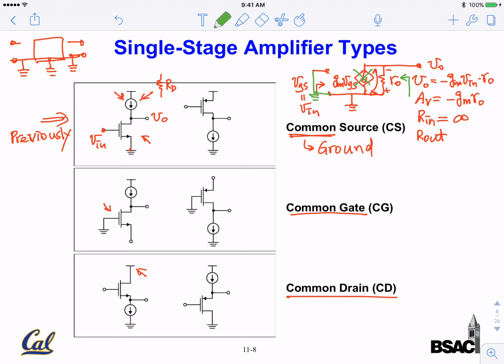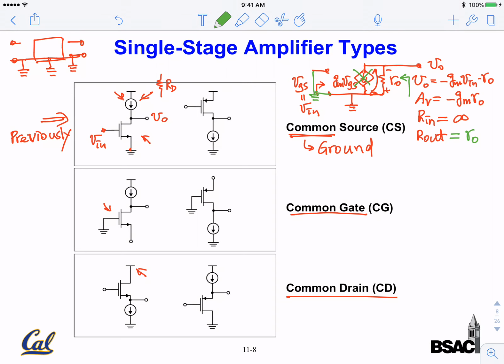Okay, so R out here is basically equal to RO. So this is kind of a trivial example of a two-port network. We just go straight to the small signal equivalent circuit of the transistor itself. It's really not that complex to analyze.